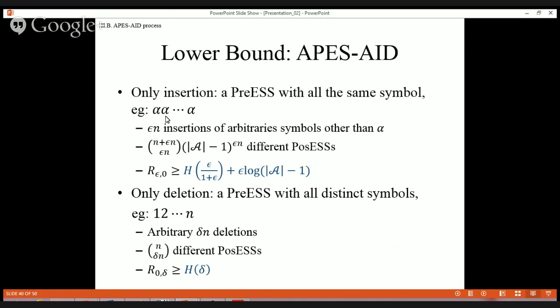So it's just a length n run of the same symbol. For this pre-added source sequence, we look at a subset of insertion patterns where the epsilon n insertions can happen in arbitrary positions, inserting arbitrary symbols other than alpha, which is the symbol in this sequence.